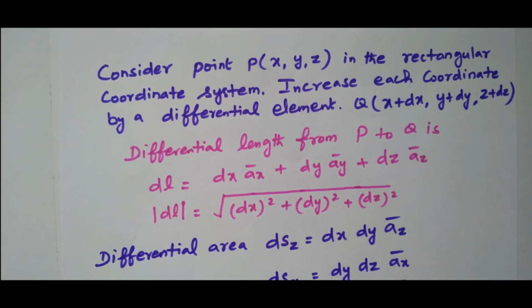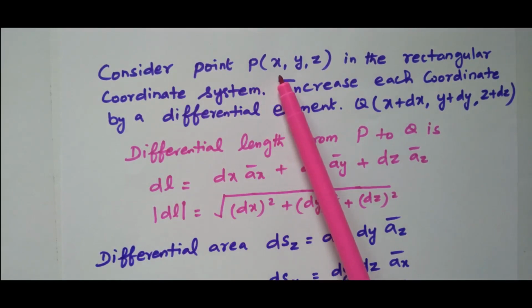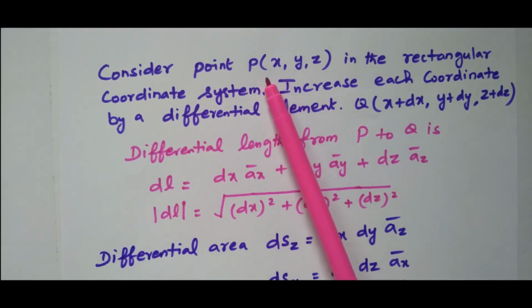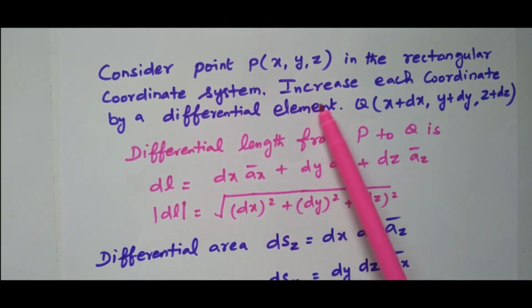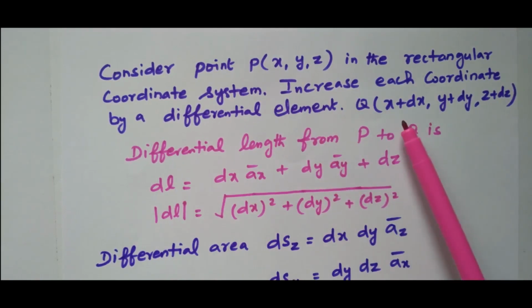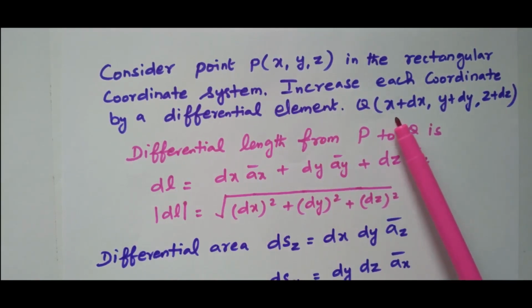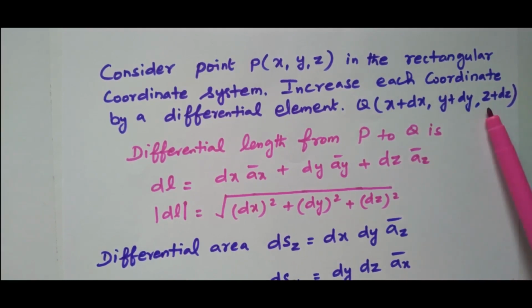In order to represent the differential length, area and volume, we consider a point P (x, y, z). We already considered point P (x, y, z) in the rectangular coordinate system. Now we are going to increase the coordinates by differential elements. That is, we increase x to x plus dx, y to y plus dy, z to z plus dz, right?